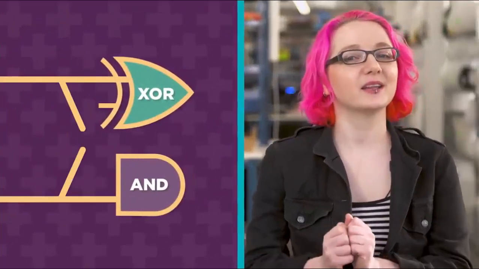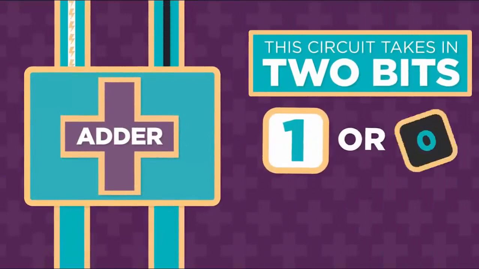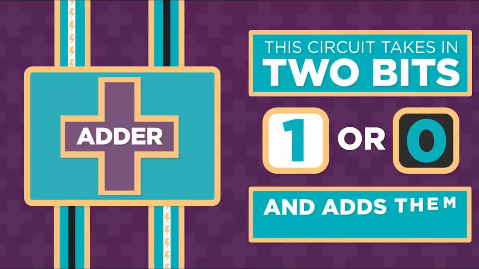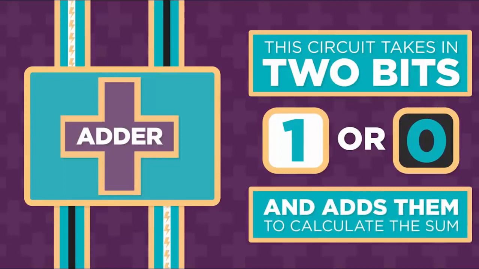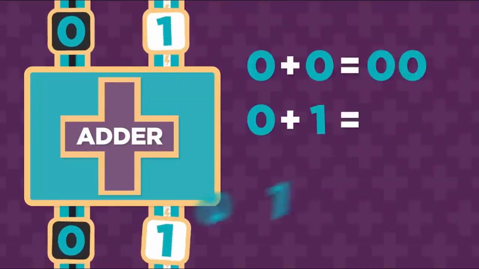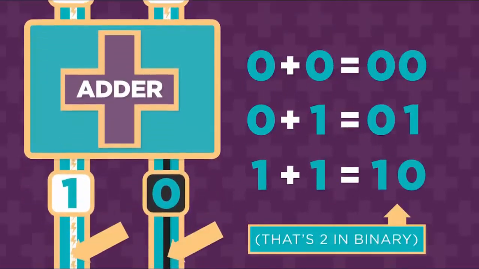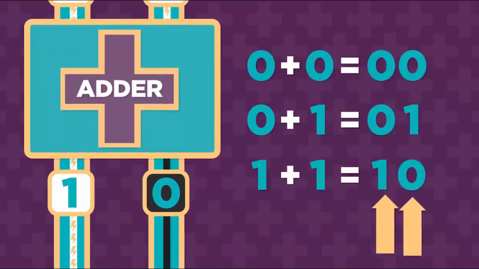You can make a circuit that adds two bits together, called an adder. This circuit takes in two individual bits, each one a 1 or a 0, and adds them together to calculate the sum. The sum can be 0 plus 0 equals 0, 0 plus 1 equals 1, or 1 plus 1 equals 2. You need two wires coming out because it can take up to two binary digits to represent the sum.